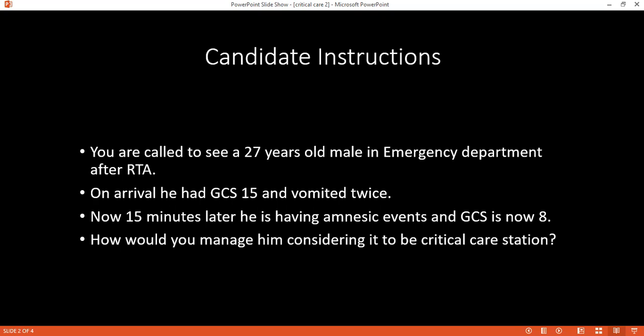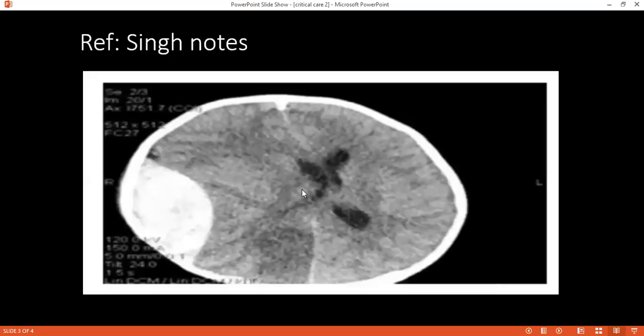The findings may show a convex hyperdense lesion, and midline shift with compression of the ventricles. This is most likely extradural hematoma. Very good, and midline shift as well, very good.